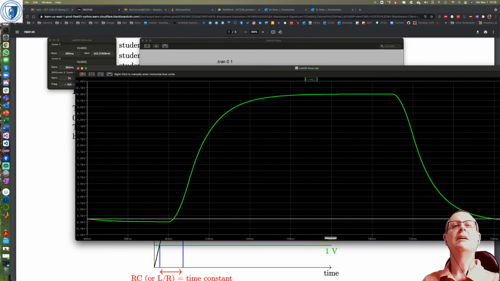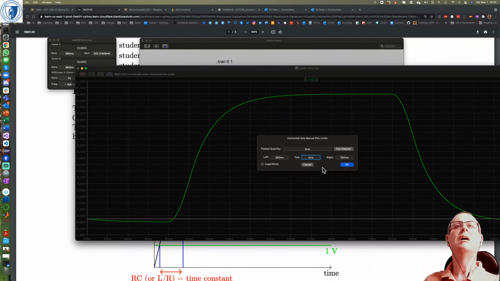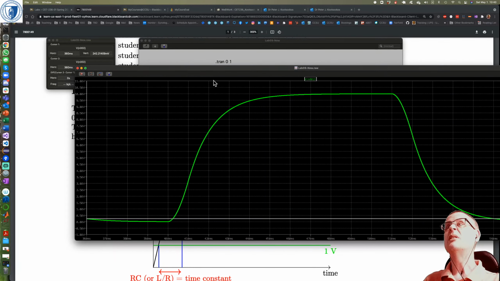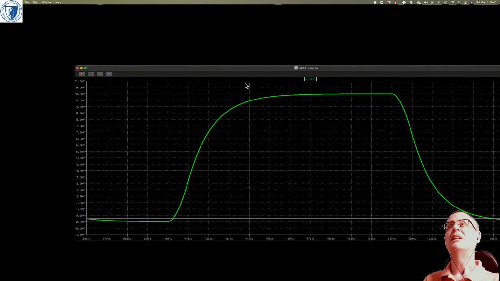So I'm going to do it a bit more granularly, and for some reason it's not letting me put ticks every 5 milliseconds. It's only letting me put ticks every 10 milliseconds. Okay, so what we can do now, let's just make that huge. In fact, yeah, let's make it huge, take a screenshot, and then let's play with it.